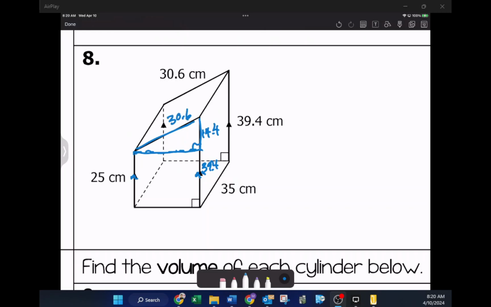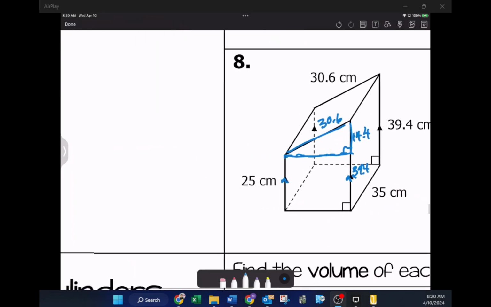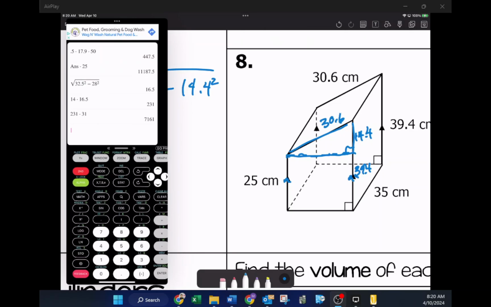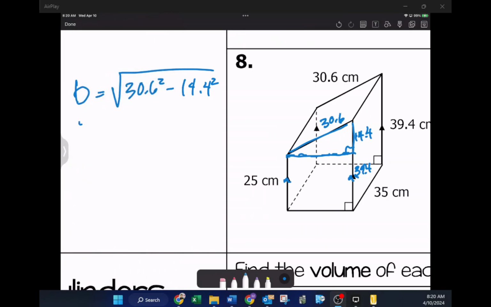So using that same setup, we could say that B is equal to the square root of 30.6 squared minus 14.4 squared. Gives you 27.